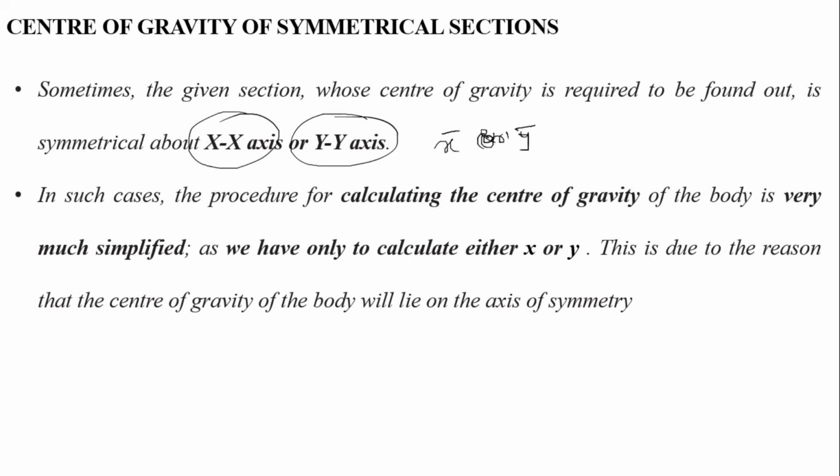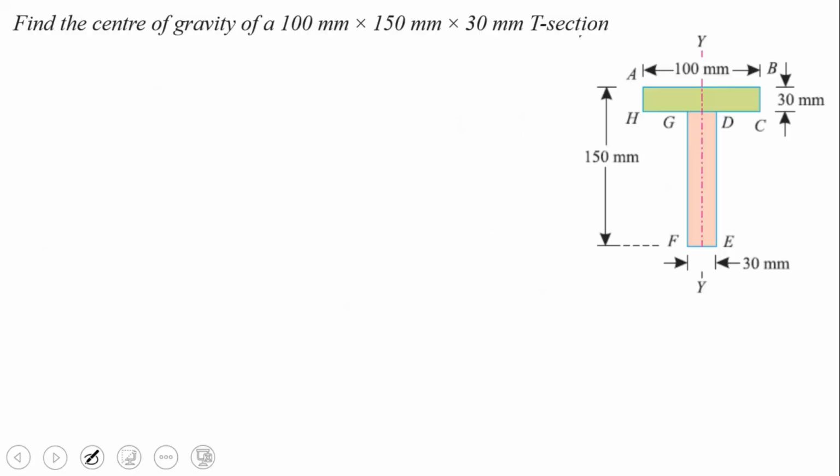If the given section is symmetric about x axis, then we have to calculate x bar. If the given section is symmetric about y axis, then we have to find y bar, right. This is due to the reason that the center of gravity of the body will lie on the axis of symmetry, right. So, now let us solve a simple problem.